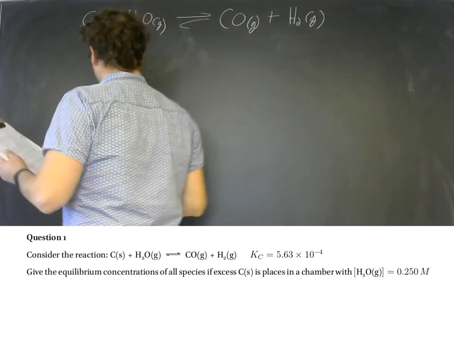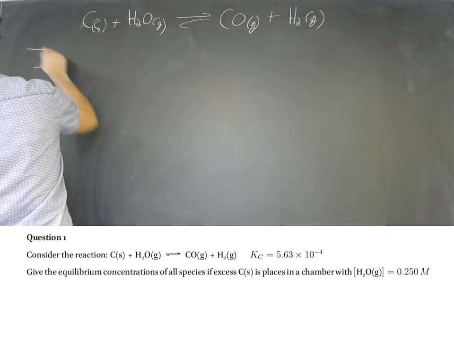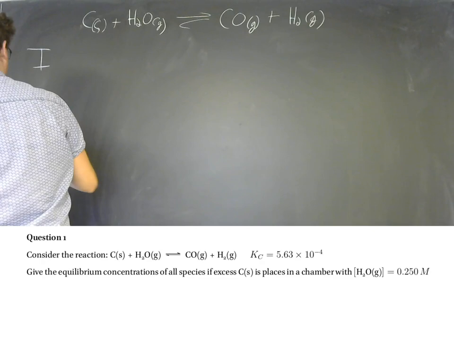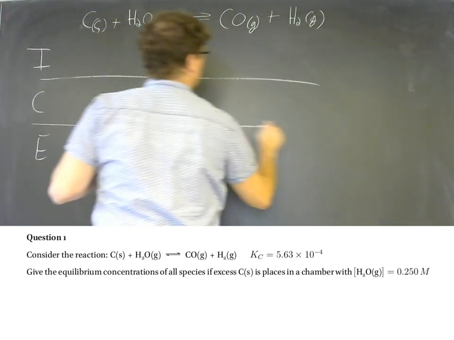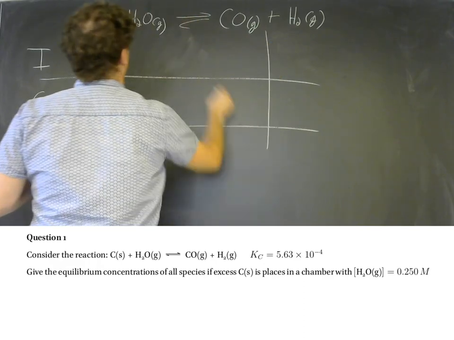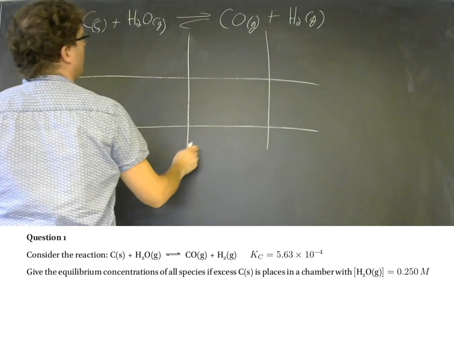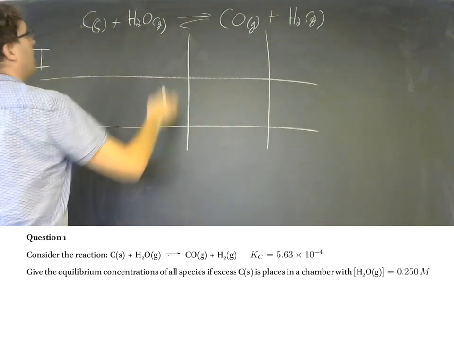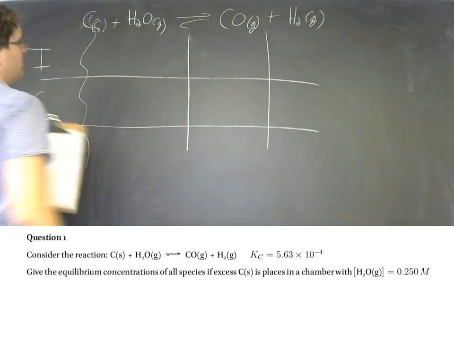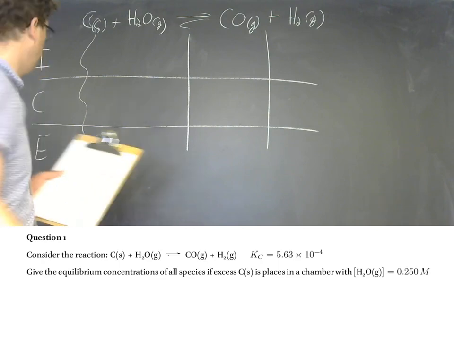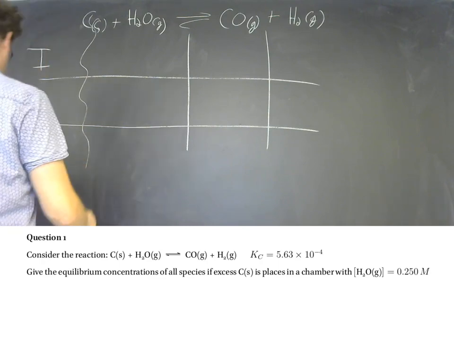And we'll go ahead and set up our ice table, at least the structure of it. We're going to have concentrations of hydrogen and carbon monoxide and water vapor. Carbon is a solid, so it doesn't appear in the equilibrium expression.